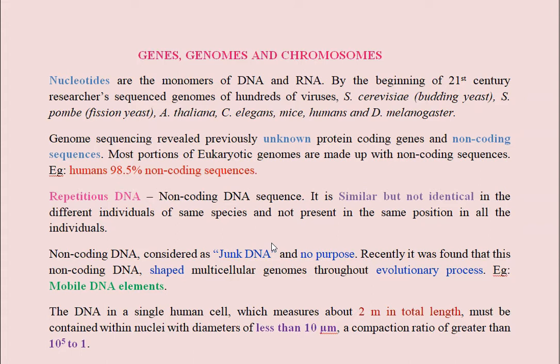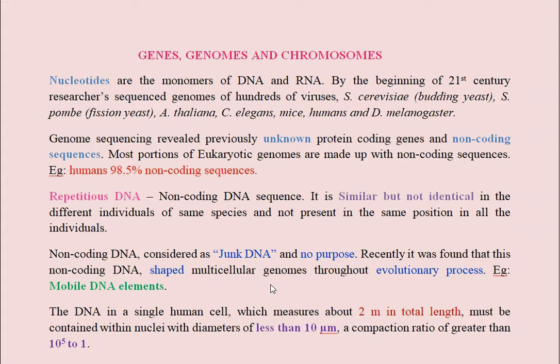After that, they found that in the non-coding sequence there are regulatory sites. Regulatory sites means if a DNA sequence wants to be converted into mRNA through transcription, or maybe any other type of RNA, it requires regulatory sequences like enhancers and promoters. These are all present in the flanking regions.